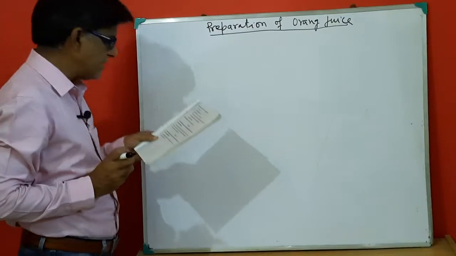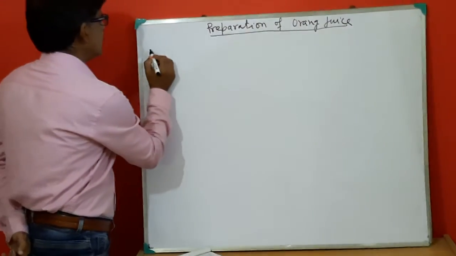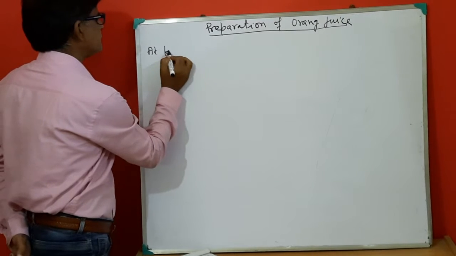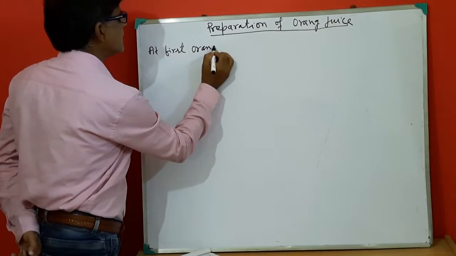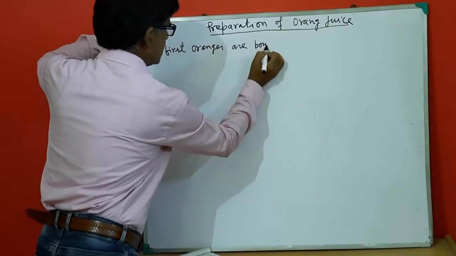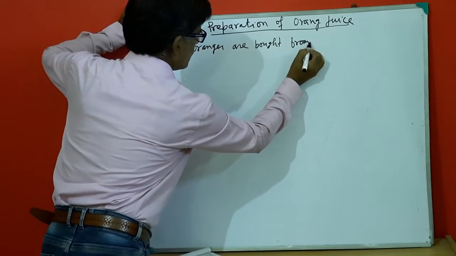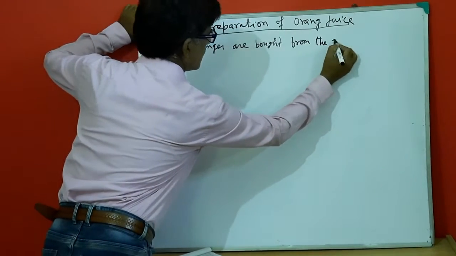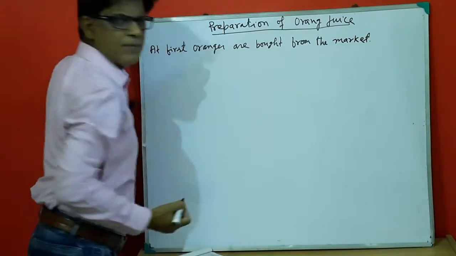So the first point is oranges bought from the market. So I shall write, at first oranges are bought from the market.